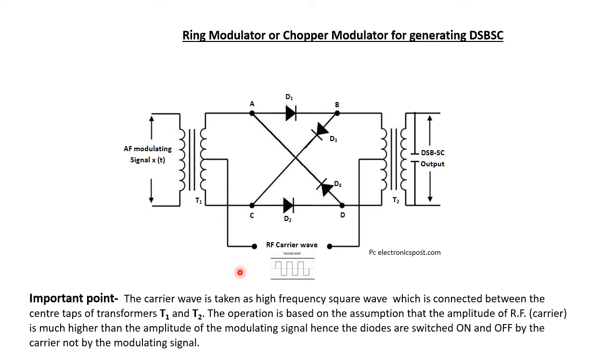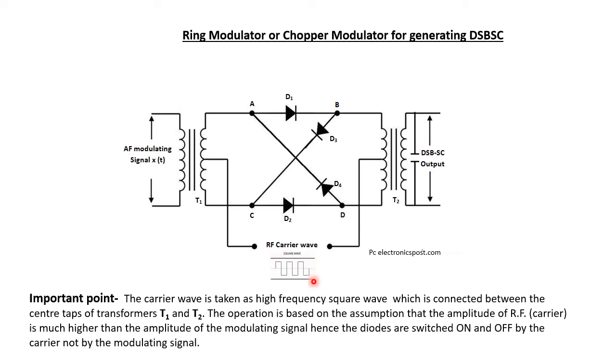This kind of arrangement is to ensure that it is the carrier wave which is the deciding factor to decide what is the biasing voltage, whether the diodes should be in the forward bias or in the reverse bias.